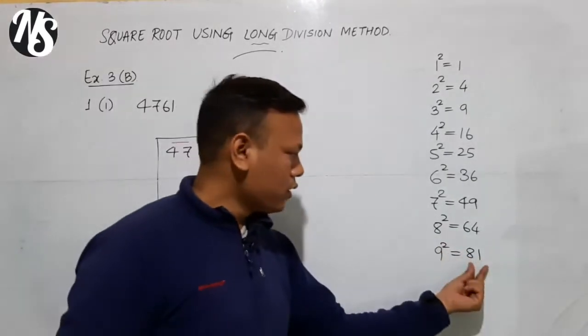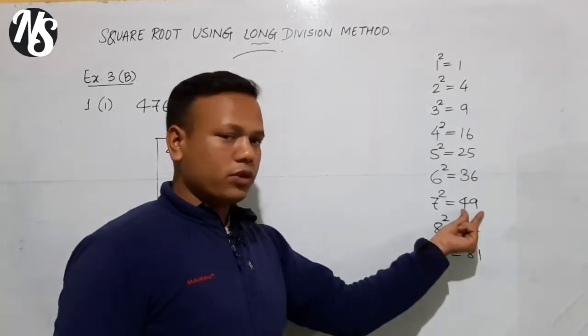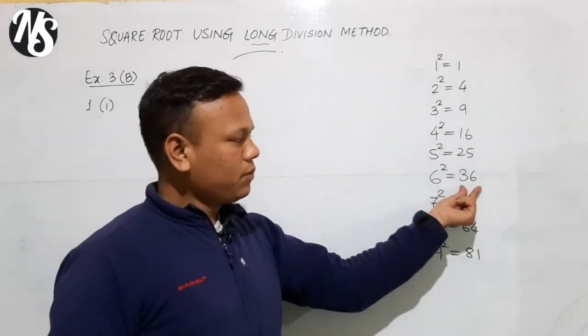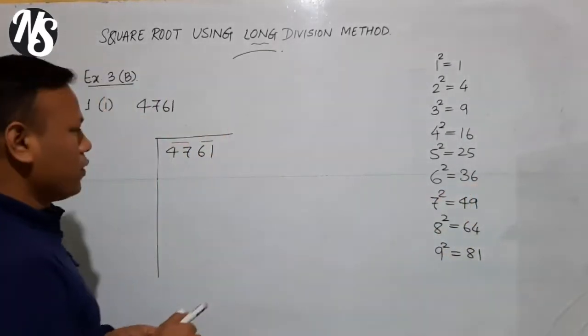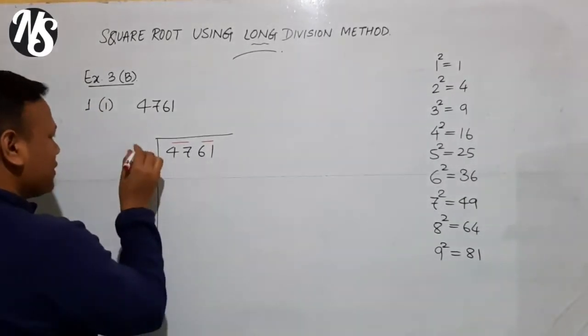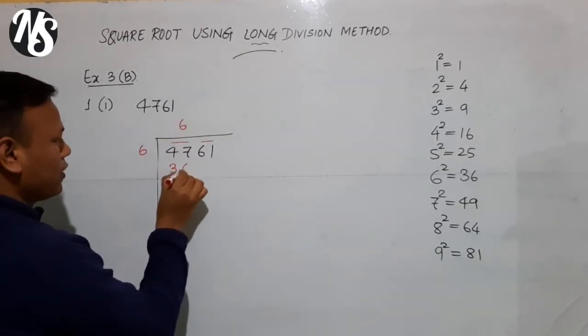Here 81 is more than 47, this is also more than 47, and this is less than 47. So you have to divide this particular number by 6. So 6 sixes are 36.